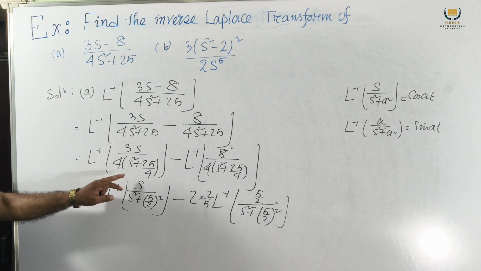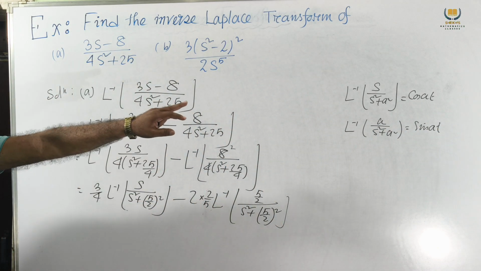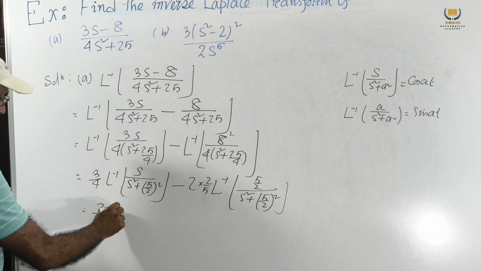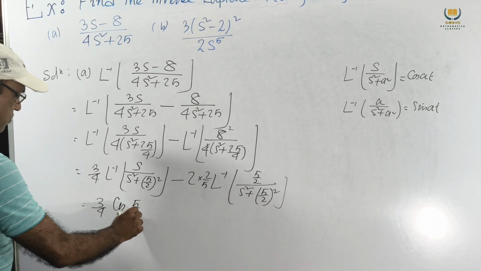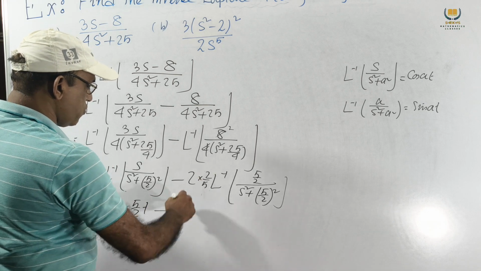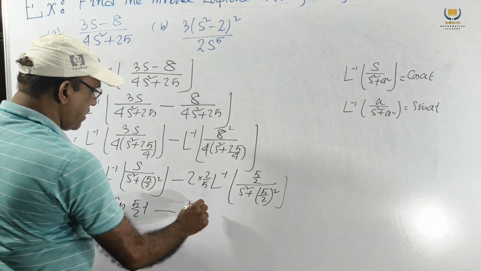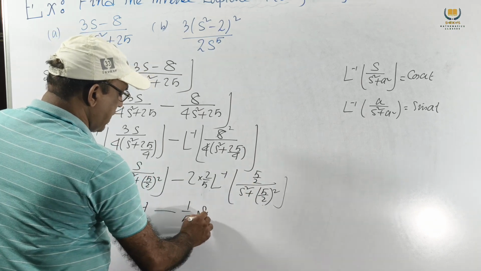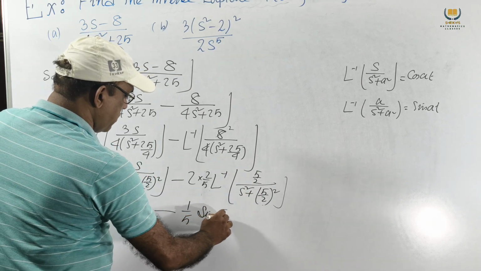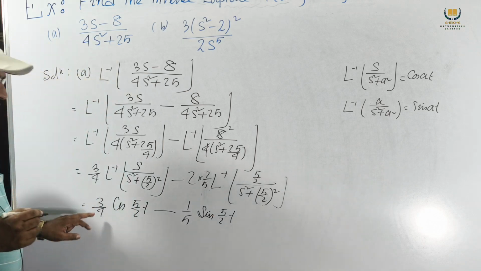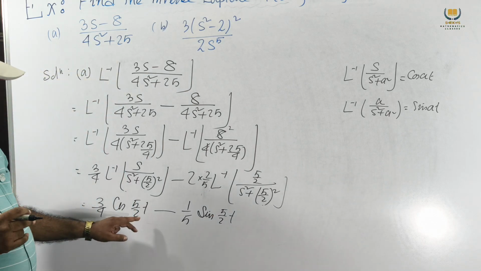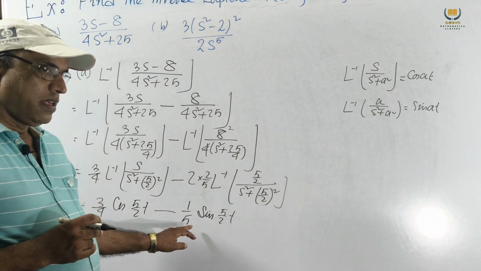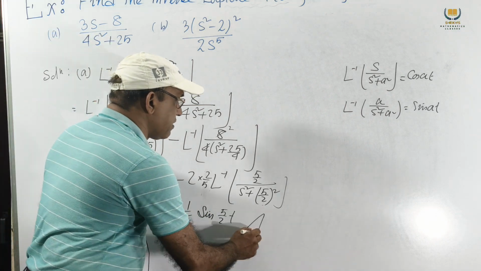So for s by s square plus a square, the first formula gives 3 by 4 cos 5 by 2 t. The 2 cancels, leaving 1 by 5 times a by s square plus a square, so sin at, sin 5 by 2 t. So you get 3 by 4 cos 5 by 2 t and 1 by 5 sin 5 by 2 t, and this is our answer.